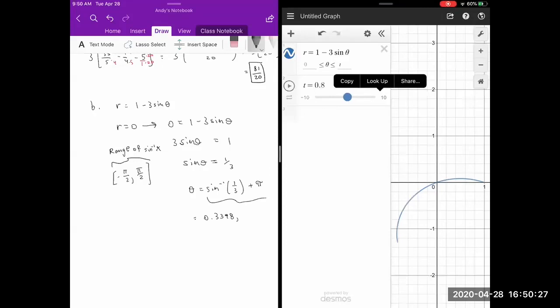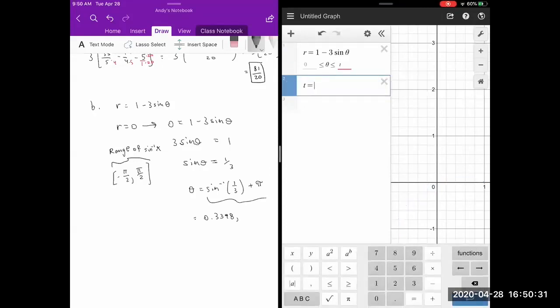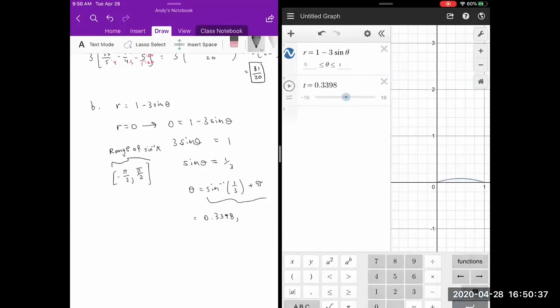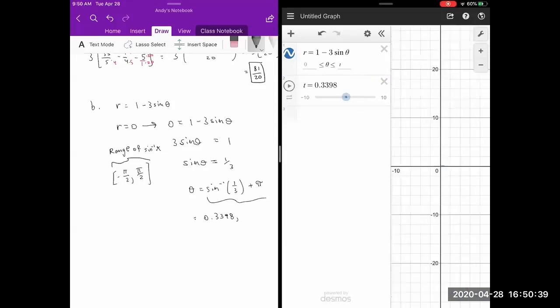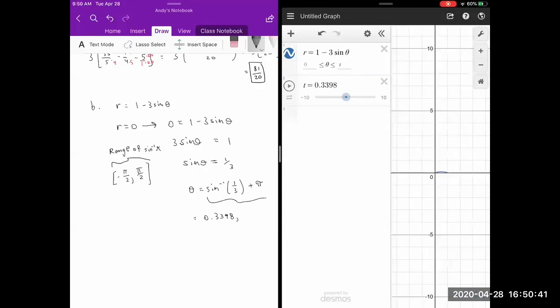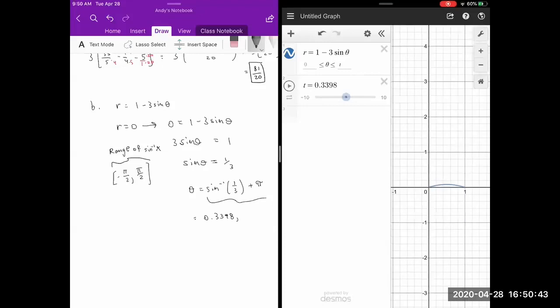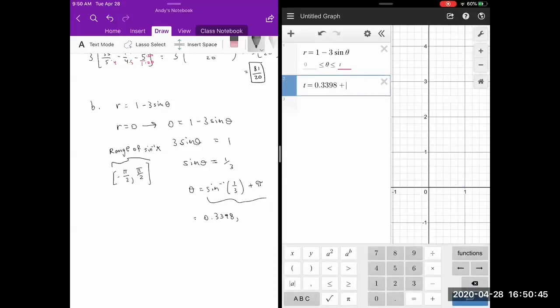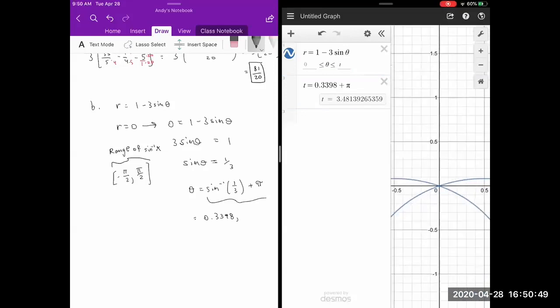Okay, so it seems like that makes sense, because, just to show what I'm viewing here, when t is 0.3398, we see that it actually does pass through the origin. But if you add pi to this, you don't actually get that. Yeah, see, when you add pi to it, it's actually a little further out.